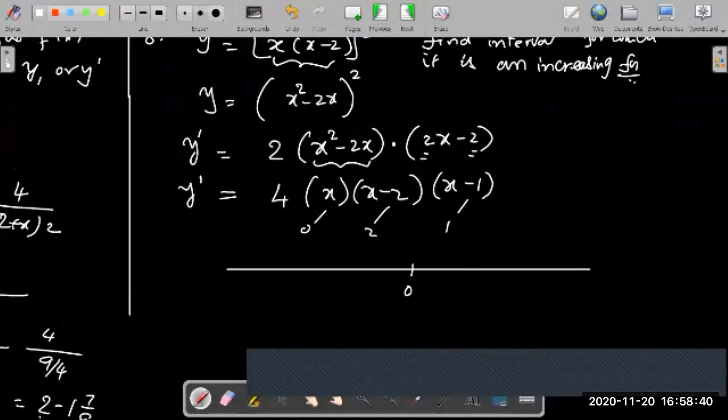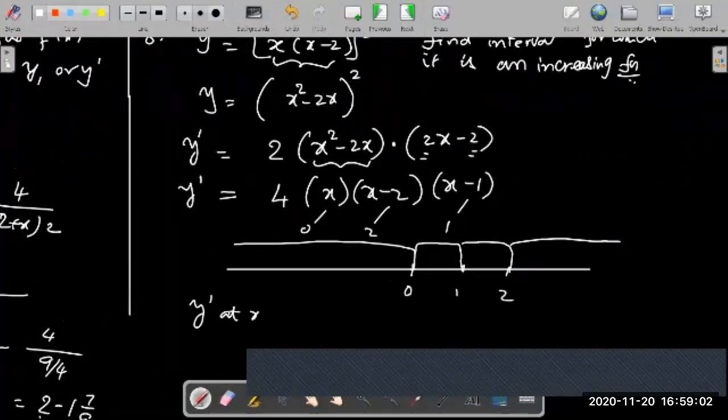So 0, 1, 2. We have a region to the left of this, and another region between this and this, and between this and this, and beyond. 4 regions are there. So let's give a value, something like minus 1. First y dash at x equal to minus 1: y dash is equal to 4 into minus 1 into minus 1 minus 2, minus 1 minus 1.